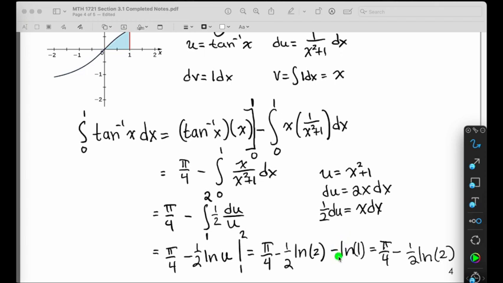Whoops, I forgot my 1/2 there, but it doesn't matter because it's going to be 0 anyways, but I should have a 1/2 in here. When I do minus 1/2 natural log of 1, this is 0, and then 0 times 1/2 should be 0. So this just disappears, and I'm left with pi over 4 minus 1/2 natural log of 2.